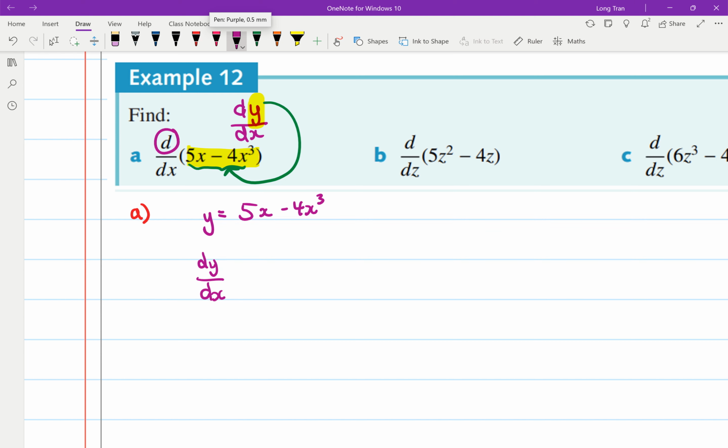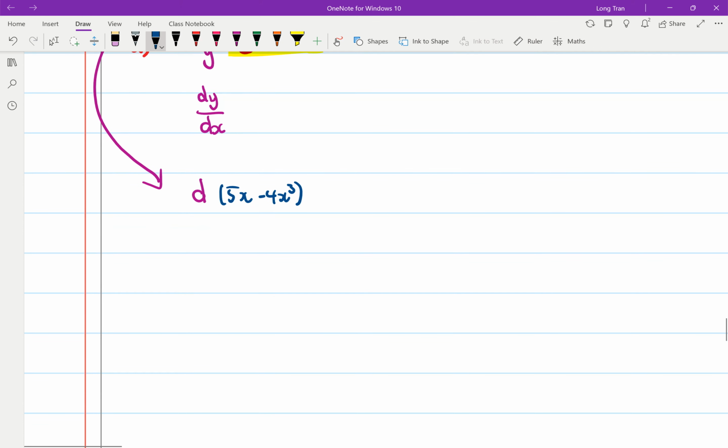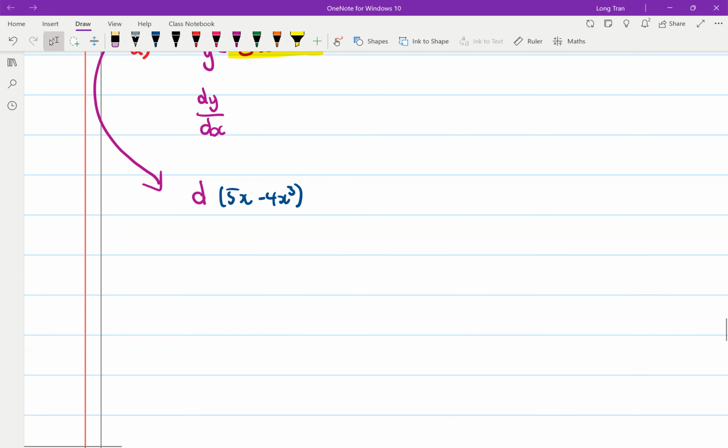So writing it all into one notation, that's essentially saying find the derivative of y, and since this is y, then you can write it as delta 5x minus 4x cubed, right? And that's by delta x.